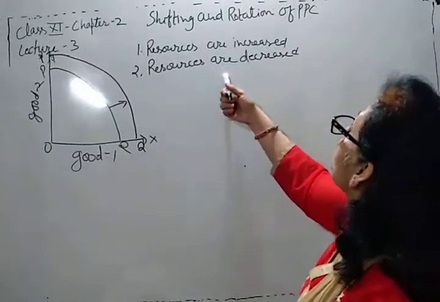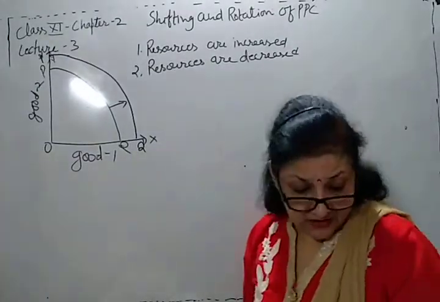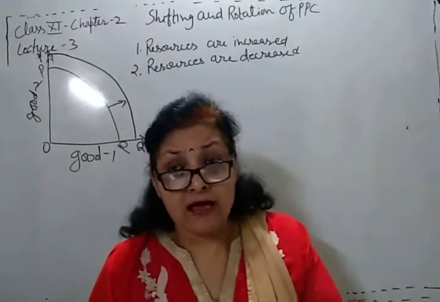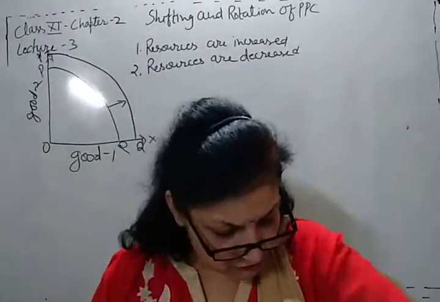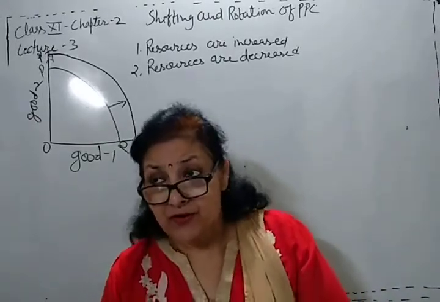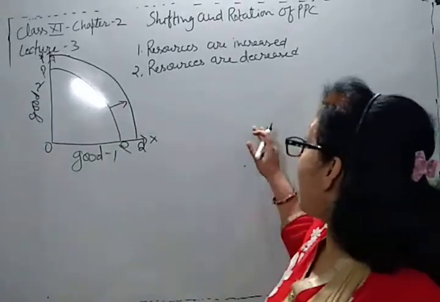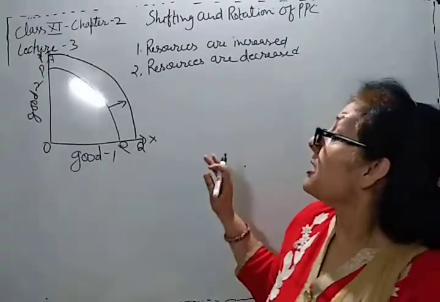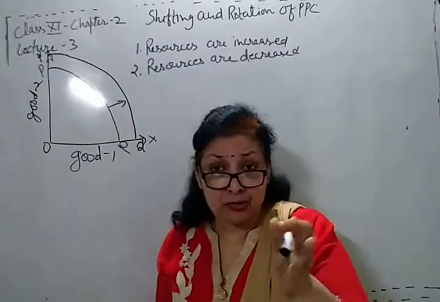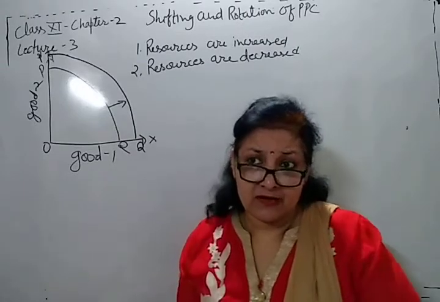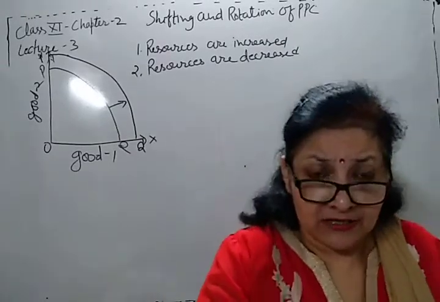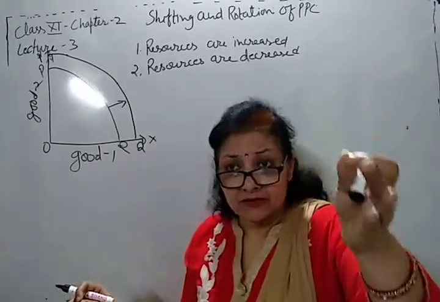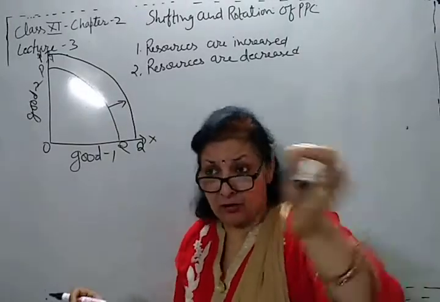Second one is resources are decreased. Whenever resources are decreased, or means resources are reduced, the production of both goods also decreases with given resources and given technology.